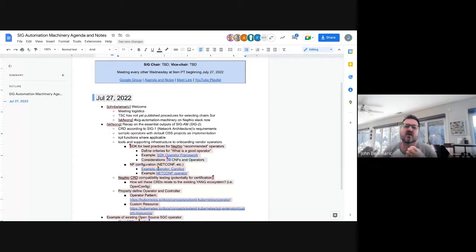So the trick is, how much can we put in the common piece so that we can effectively manage the automation and provide utility? The whole point is that it's useful. If there's so little in the common piece that there's nothing you can do with it, then it's probably not useful.